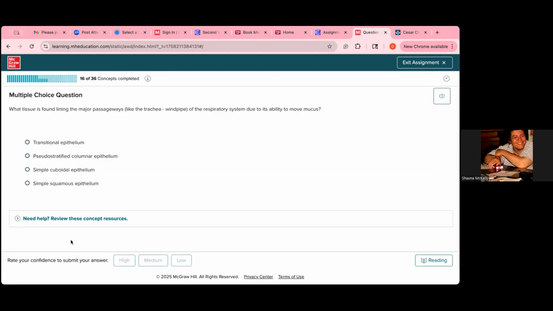What tissue is found lining the major passageways, like the trachea, windpipe of the respiratory system, due to its ability to move mucus? Transitional epithelium, pseudostratified columnar epithelium, simple cuboidal epithelium, or simple squamous epithelium.